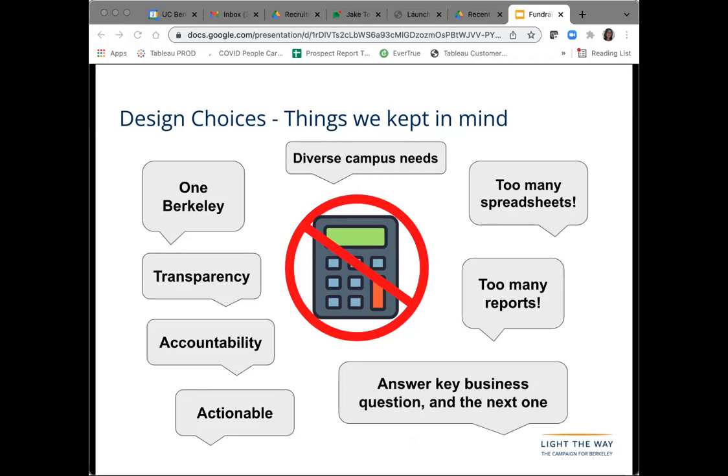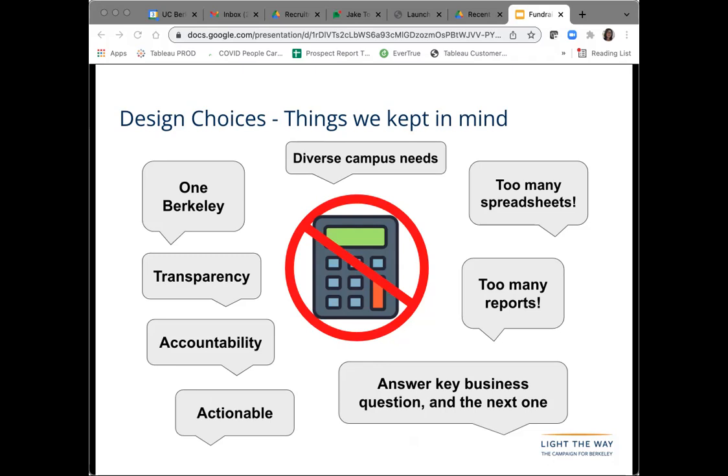There's 10 principles that we operate by, one of which is this one Berkeley idea, and that is everything's transparent. We're accountable to each other. Any unit out there can run this report for any other unit, including their own. There's no hiding any of the information. It is just there. People can see everything. That spirit runs through everything we do for the most part.